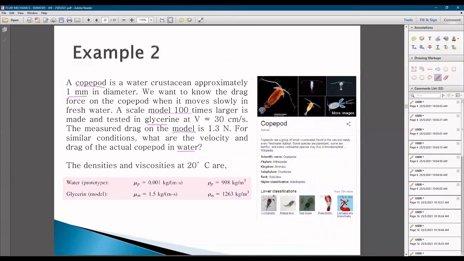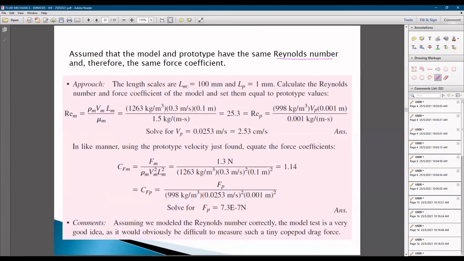For the model it is 100 times, so for the model it is 100, and for that creature it is 1 millimeter. From here you want to calculate the Reynolds number and force coefficient of the model and set them equal to the prototype values.